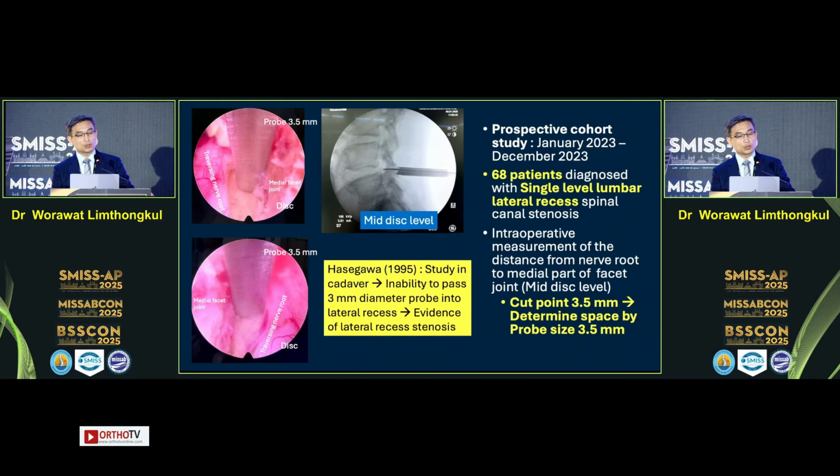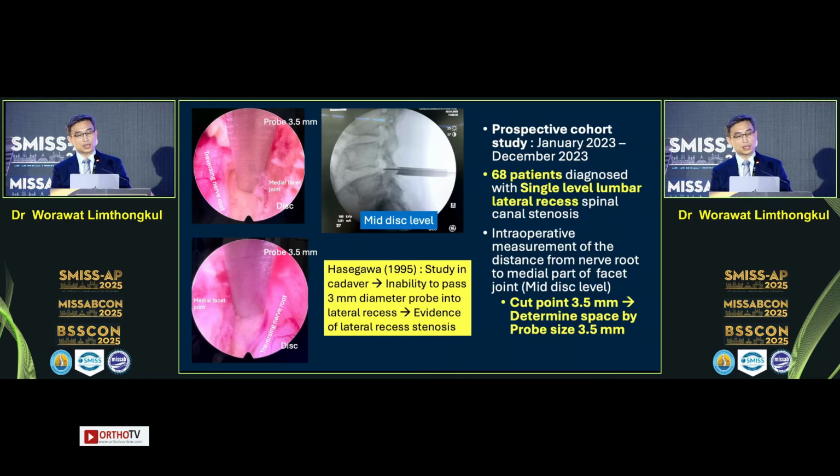We measured using a probe of 3.5 millimeters, which we set as the cut point. As we know, Hasegawa did a study in 1995 showing that if the lateral recess is less than 3 millimeters, that may cause evidence of clinical stenosis.